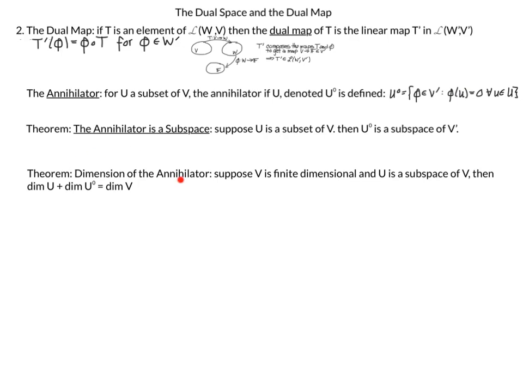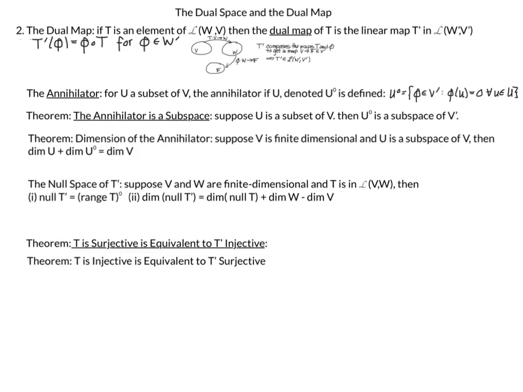We have a theorem about the dimension of the annihilator. Suppose V is finite dimensional and U is a subspace of V. Then the dimension of U plus the dimension of the annihilator of U is equal to the dimension of V. We also have some theorems about the null space of the dual map.